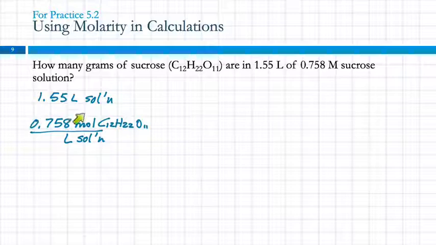So those are the numbers I'm given. As I'm looking at this, I'm thinking, that looks like a conversion factor. Anytime you get moles per liter, that's probably a conversion factor. This 1.55 liters is just going to sit there. I can't use that to do anything, right? So I've looked at what I'm starting with, and then I'm going to look at what am I supposed to find?